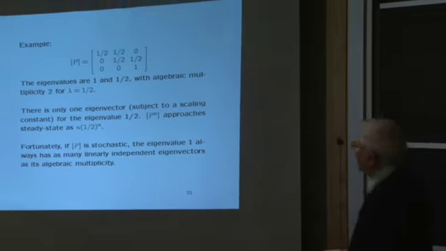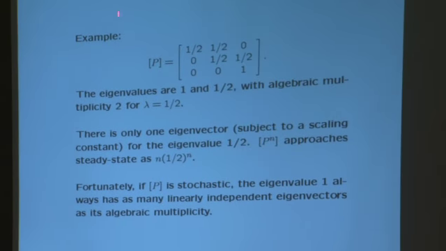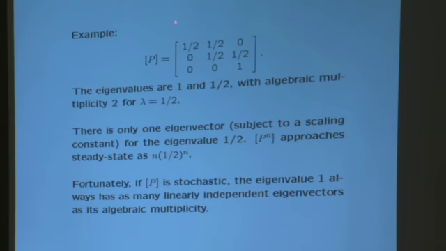There's a nice example of this, this matrix here. What happens if you try to take the determinant of P minus lambda I? Well, you have 1/2 minus lambda, 1/2 minus lambda, 1 minus lambda.